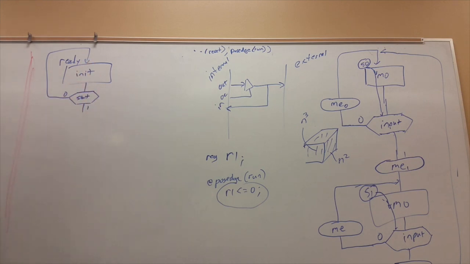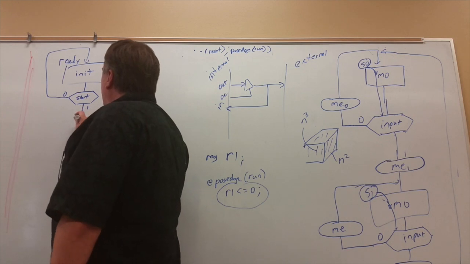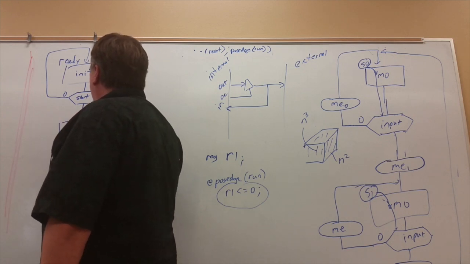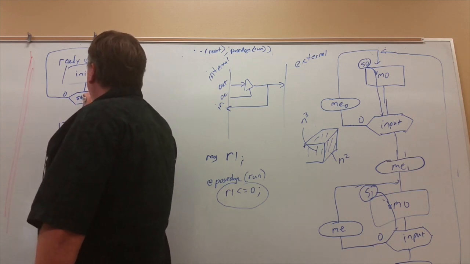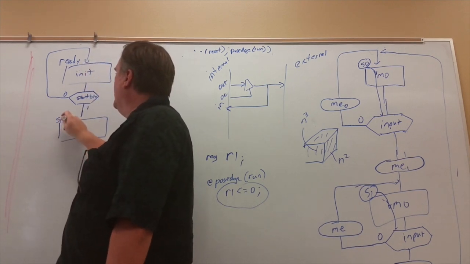We'll set it back to your initial conditions. That's my ready state. Make sense? What would I have to do with the start state? This was the start button. This is my start state.